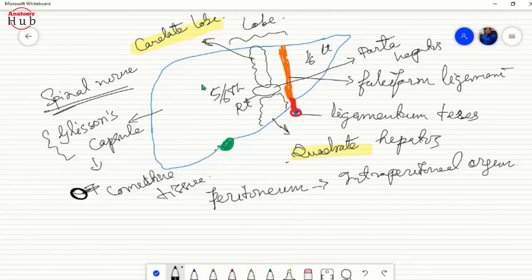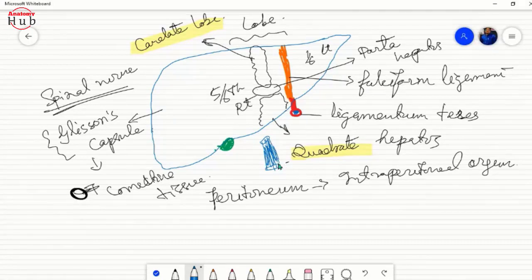So this liver receives venous blood returning through your portal vein over here. The whole of this is your portal vein. So what does the portal vein mean?